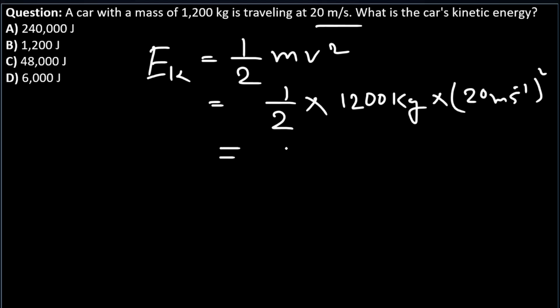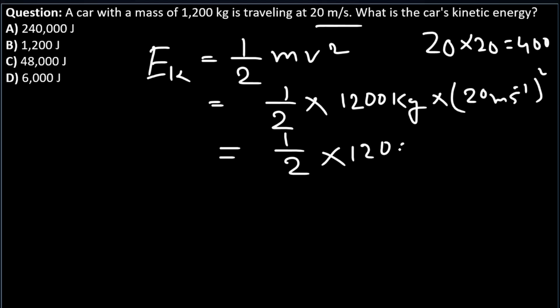So here half times 1200 times 20 square, 20 times 20 equals 400. So here 1200 times 400. Here the unit, or we can write, joule.